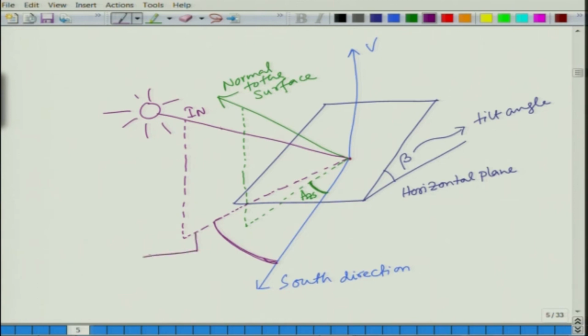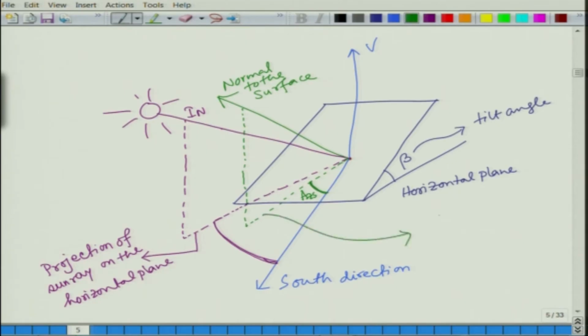Okay, let me write that explicitly. This is the projection of sun ray on the horizontal plane. And the other one, this one is the projection of surface normal on the horizontal plane.